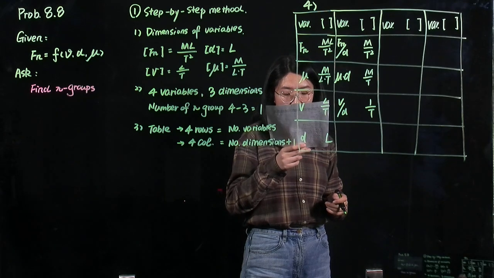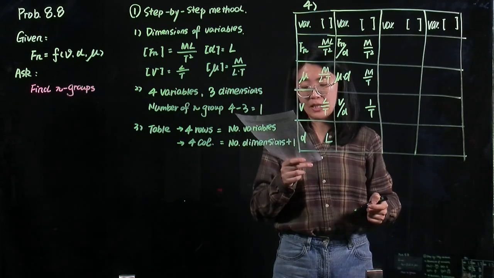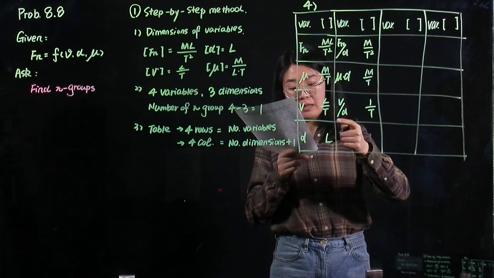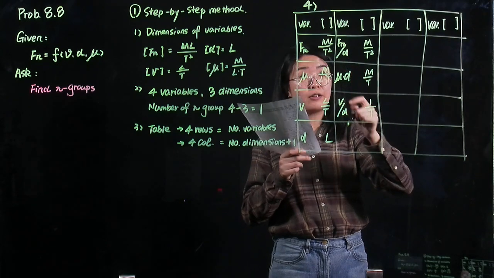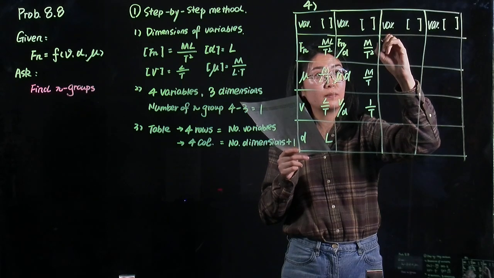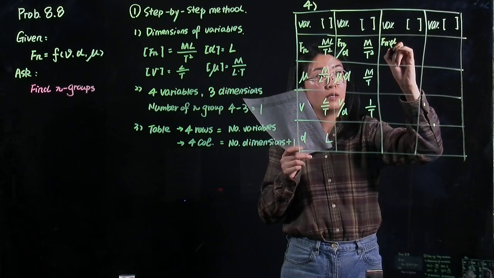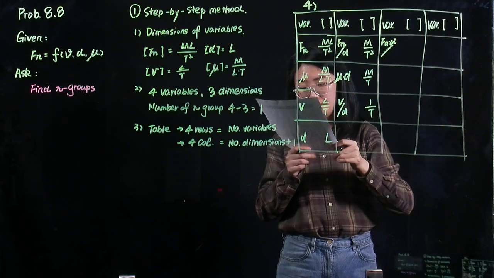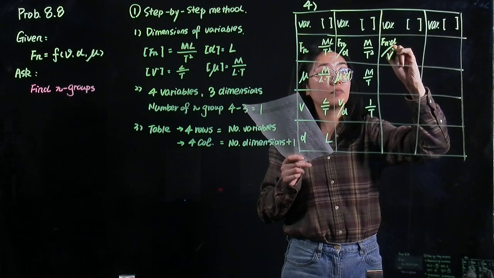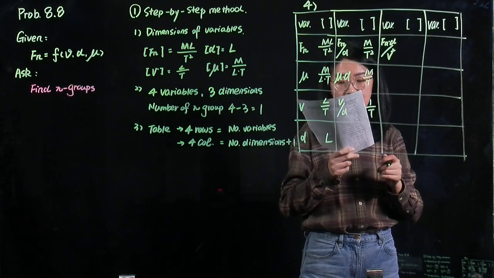And then we use the V divided by D to eliminate T. So we divide the other parts by this part, right? So after that, we got Fd times D divided by V squared.